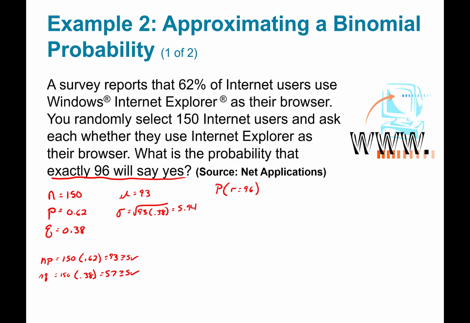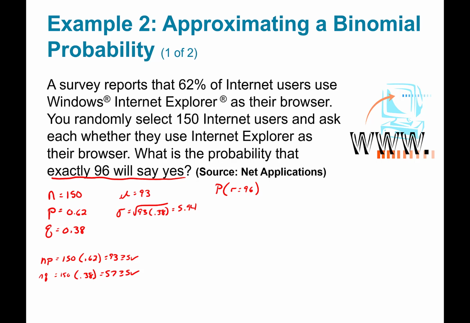Now, we know that for a continuous distribution, it can't be equal to a single value. So we need to find a way to rewrite R equal to 96 as R is between two values, so that we can do our continuity correction to convert it to X is in between two values, so that we can actually find this.